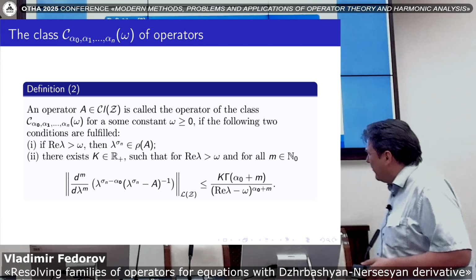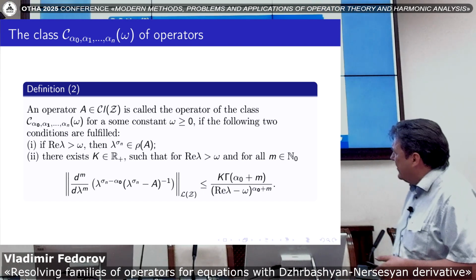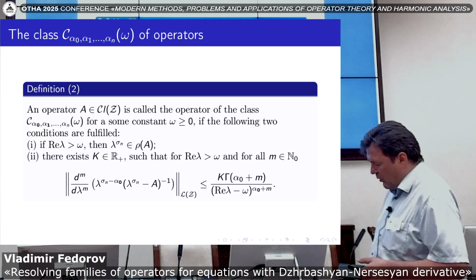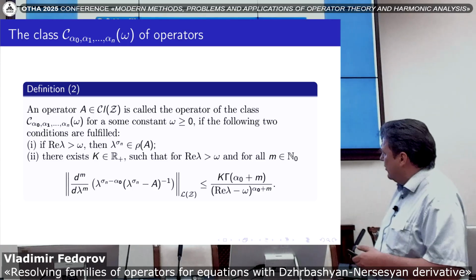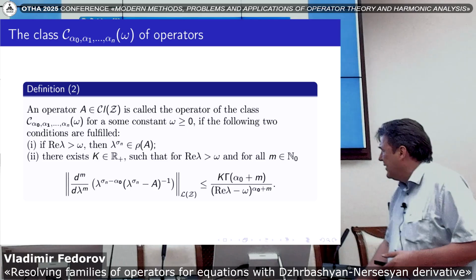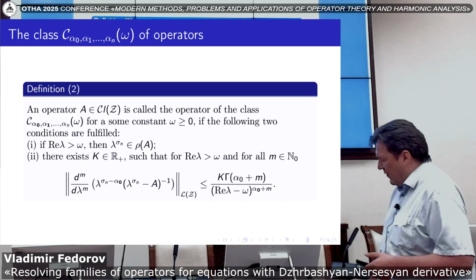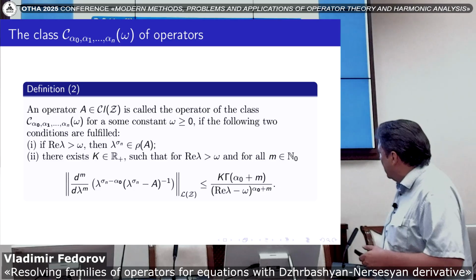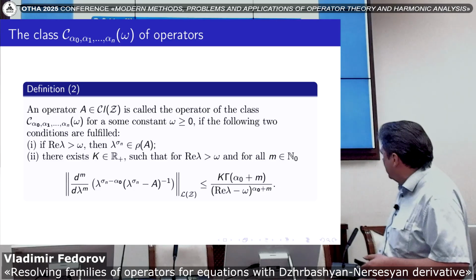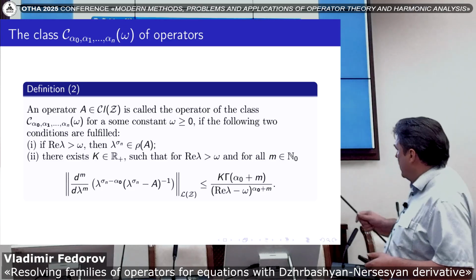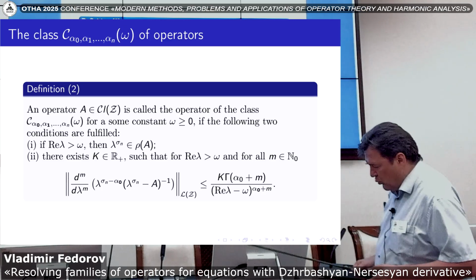if lambda is from the right half plane in the complex plane, then a power of lambda belongs to the resolvent set of operator A. There exists a constant K such that for all lambda from the right half plane and for all natural m, we have these inequalities.